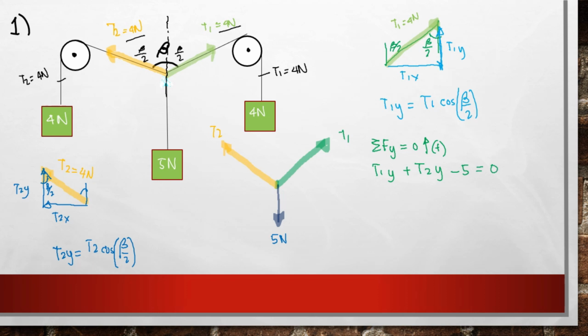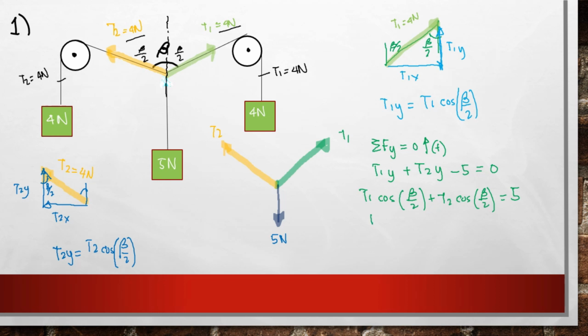All right. But what is T1Y? T1Y is equal to T1 cosine of beta over 2 plus T2Y. What is T2Y? T2 cosine of beta over 2. And that will be equal to 5. We transpose this to the other side of the equation and that becomes positive 5.